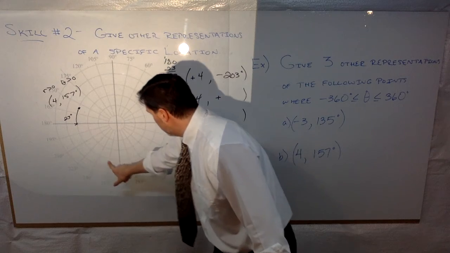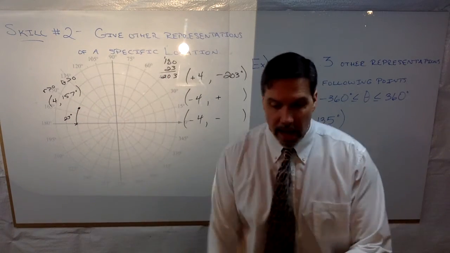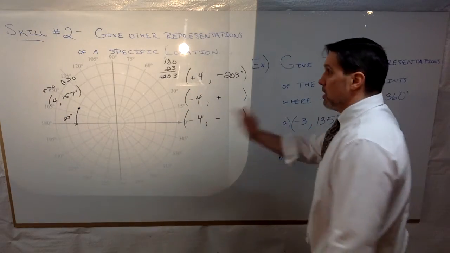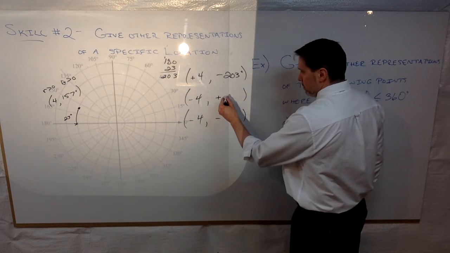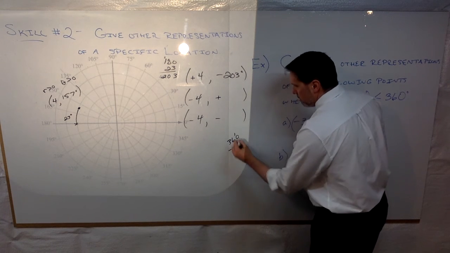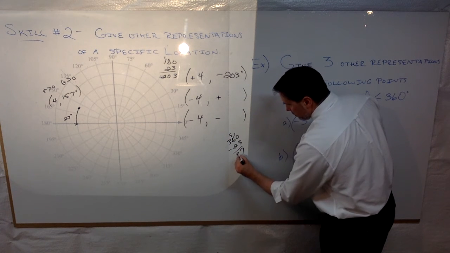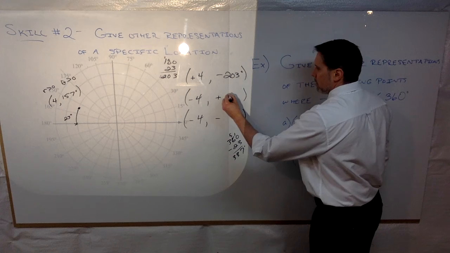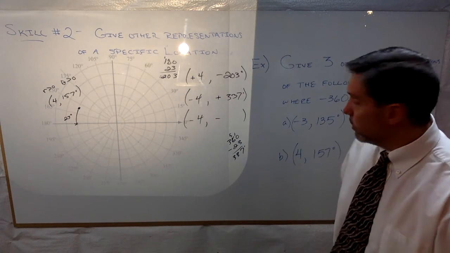So I have to go basically 23 degrees shy of a full revolution. So 23 degrees shy of 360 puts me at 360 minus 23. Old school here. We're looking at 337 if my math holds up there.